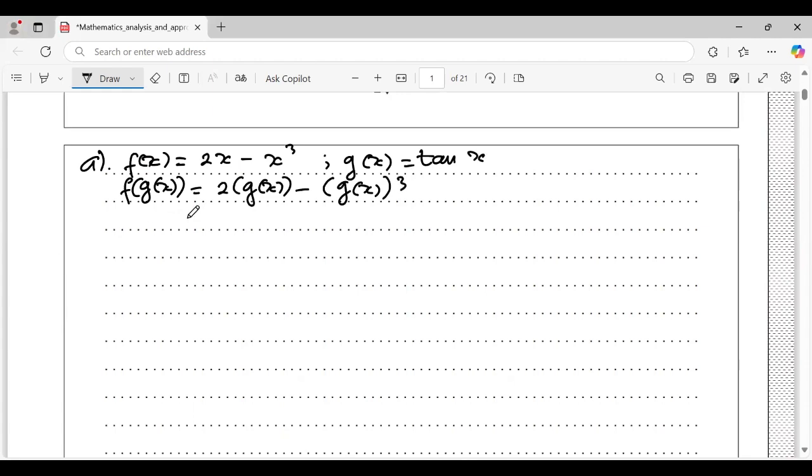If g(x) equals tangent x, this composite function becomes 2 tangent x minus tangent cubed x. This one. Part B.